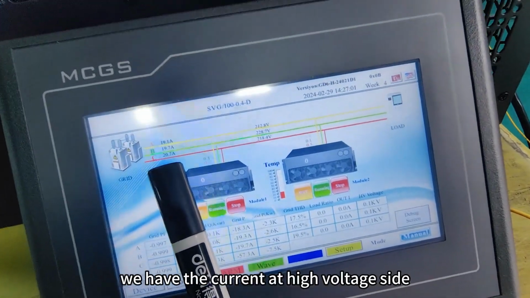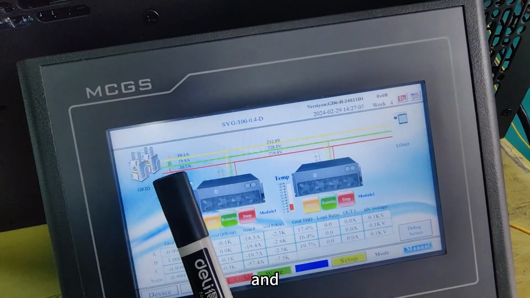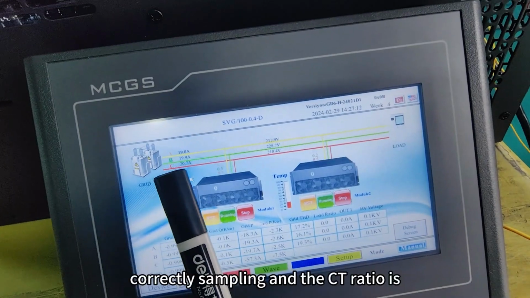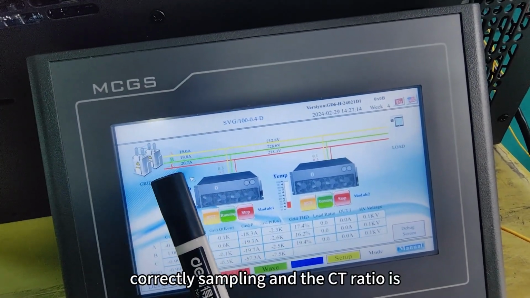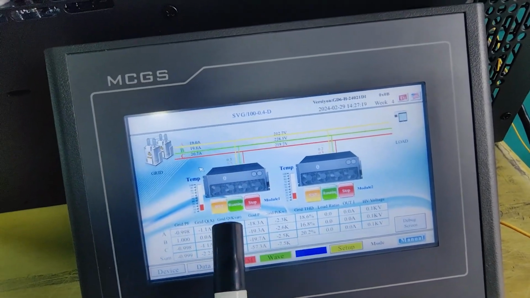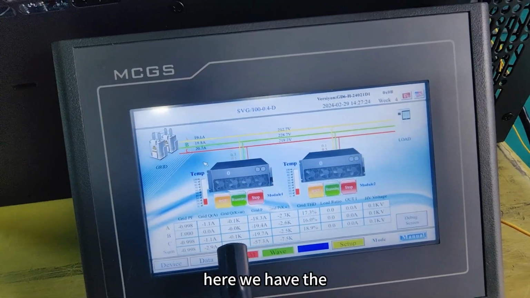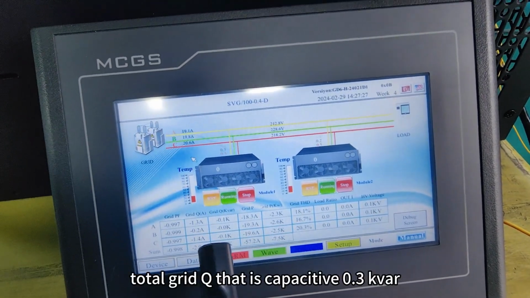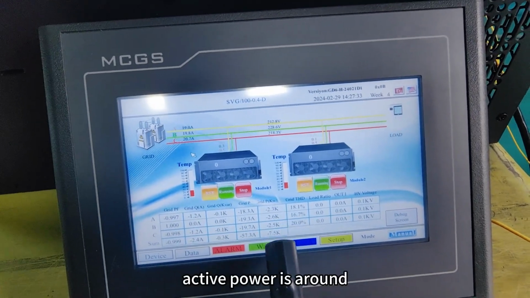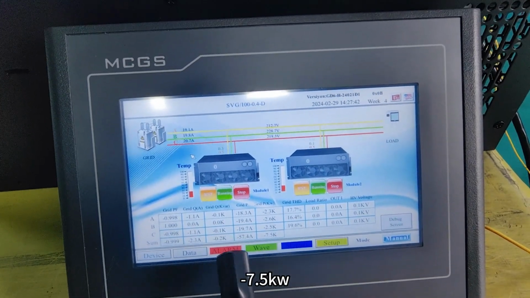We have the current at the high voltage side. It reads around 20 amps, and this data equals what the meter shows, so the CT is sampled correctly and the CT ratio is set correctly. And here we have the total grid Q and the total grid P. The total grid Q is capacitive, 0.3 kilowatts, and the active power is around negative 7.5 kilowatts.